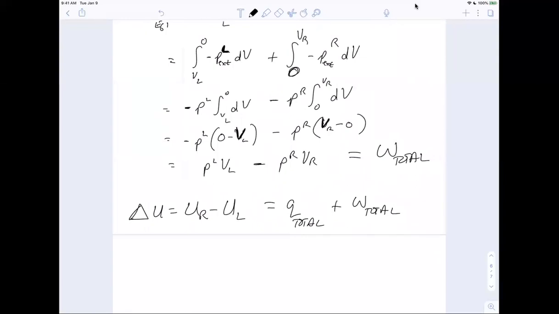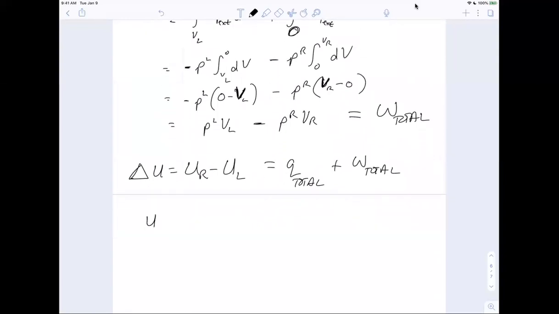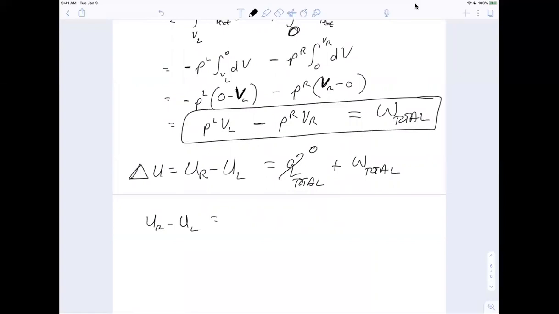So UR minus UL, Q total is 0 because it's insulated, and W total is this term, which we just determined. And so that's going to equal P left V left minus P right V right. Everyone follow that? Any questions?